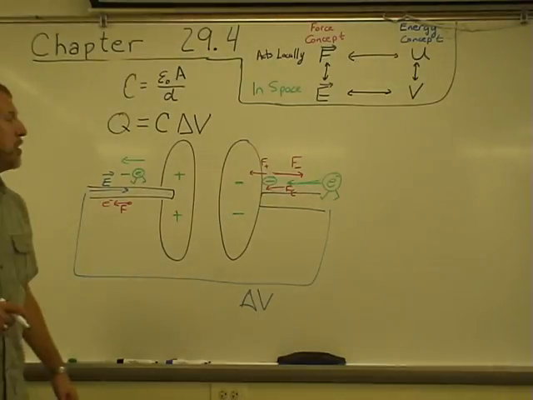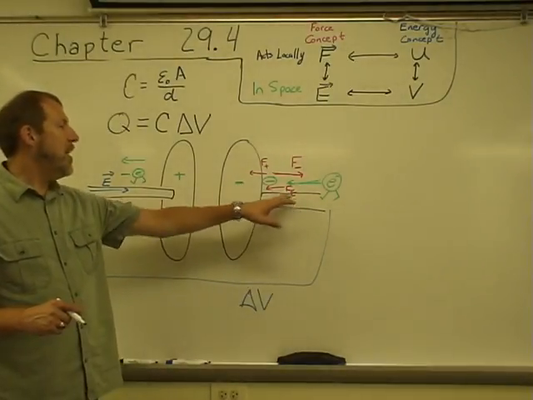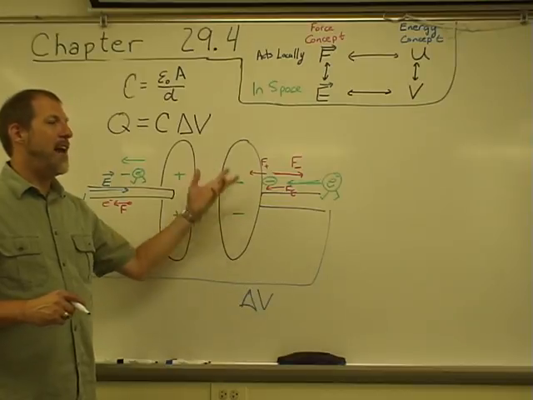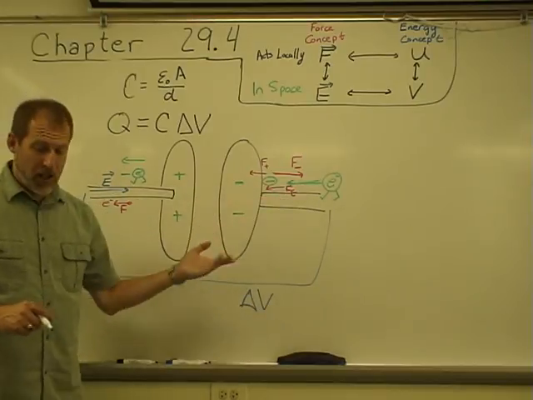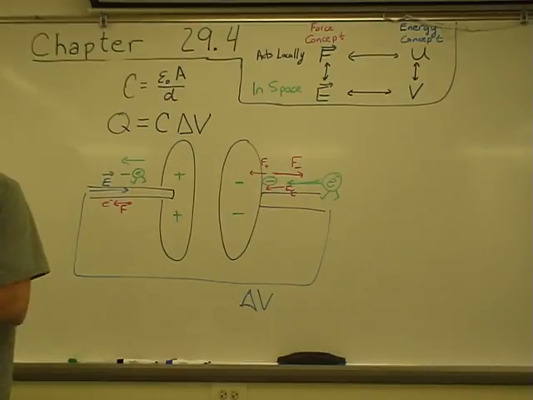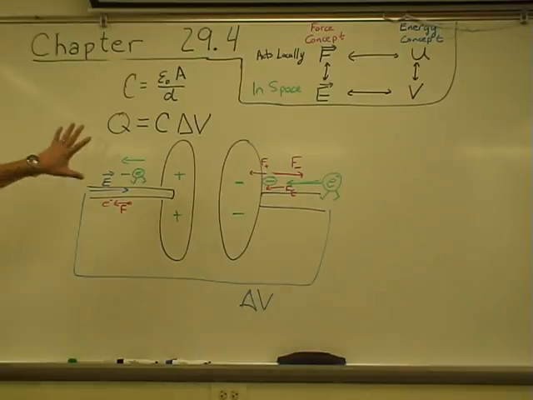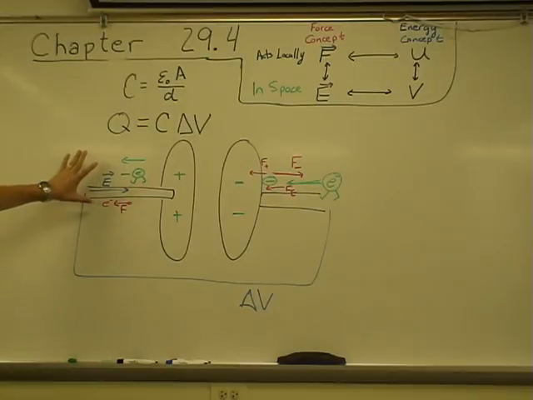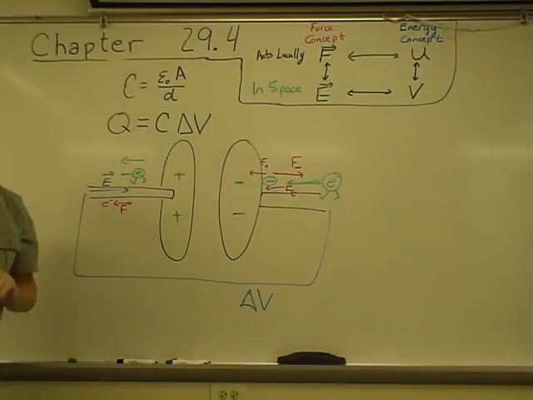So it's going to be a smidgen more difficult for each, as more and more charge gets added to the plate, the flow of charge onto that plate is going to get less and less and less. And in fact, I'll look at how that changes over time when we get into current a couple of chapters from now.